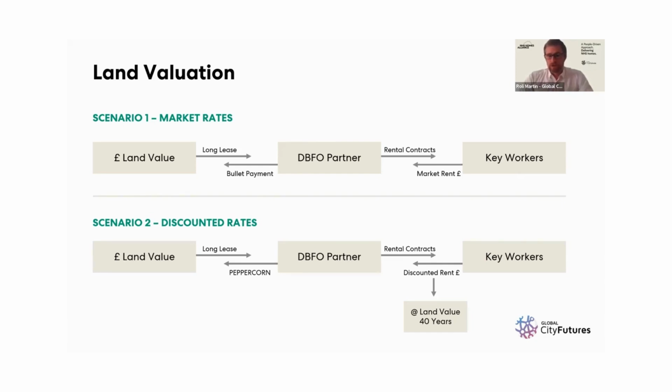So a lot of the projects we're doing assume that the land value is transferred in at a peppercorn lease rate to the third party. And that's really helpful because the value of that peppercorn lease can represent the fat in the model, the viability in the model, and you can then apply a discount commensurate with the value of that land that otherwise is put in at peppercorn.